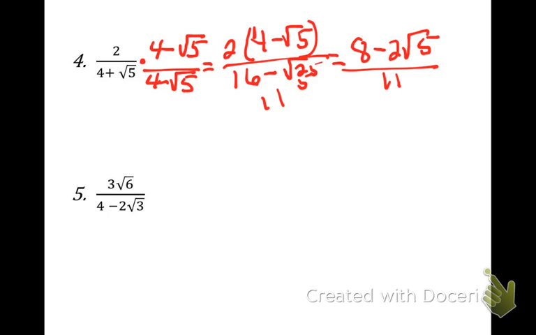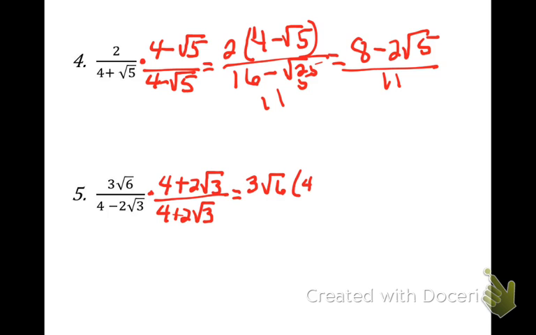Next one, I want to multiply again by the conjugate, so 4 plus 2 times the square root of 3 over 4 plus 2 times the square root of 3. So in the numerator, I'm just going to leave 3 times the square root of 6 times the quantity 4 plus 2 times the square root of 3.